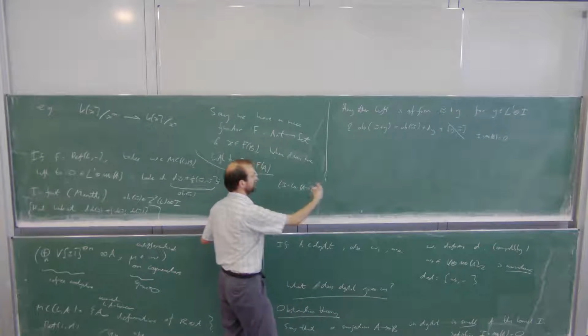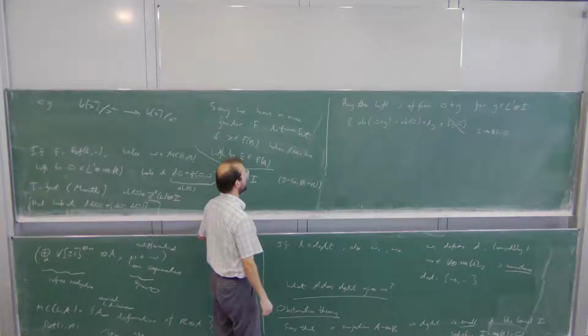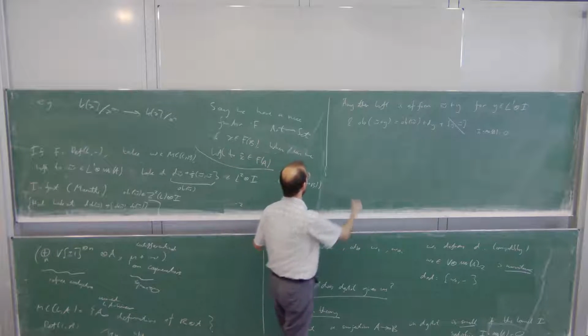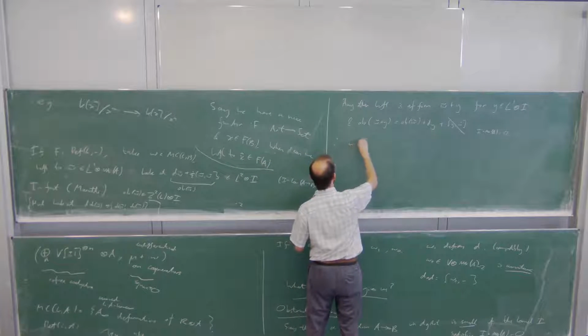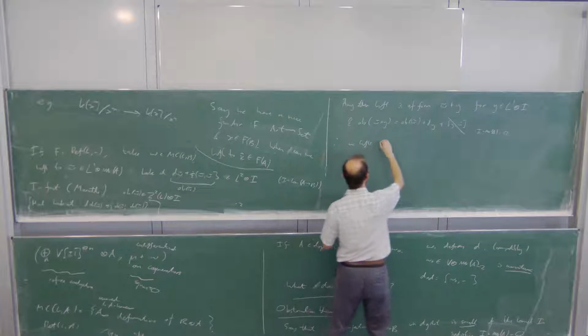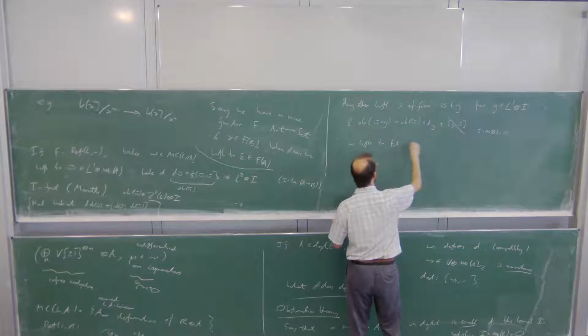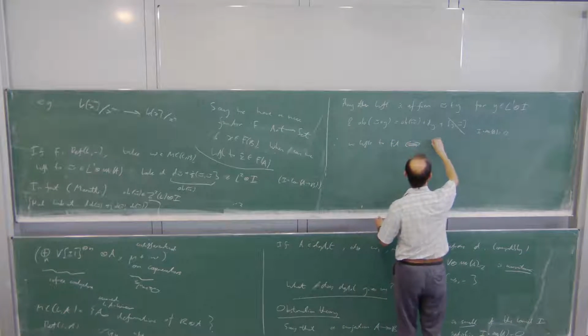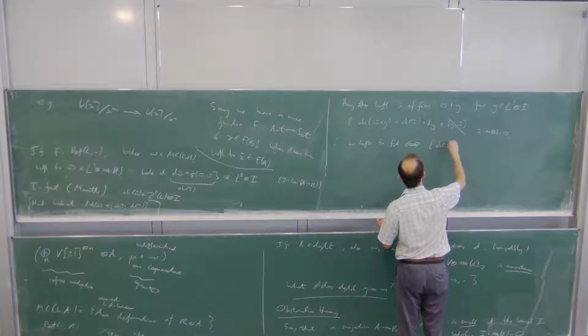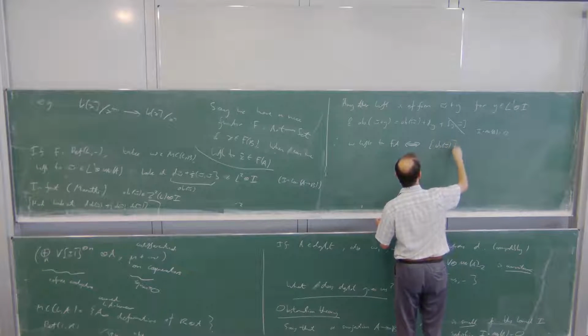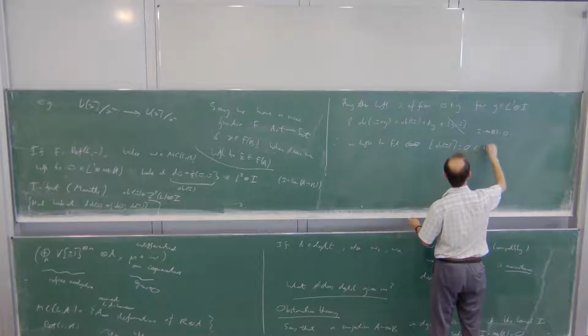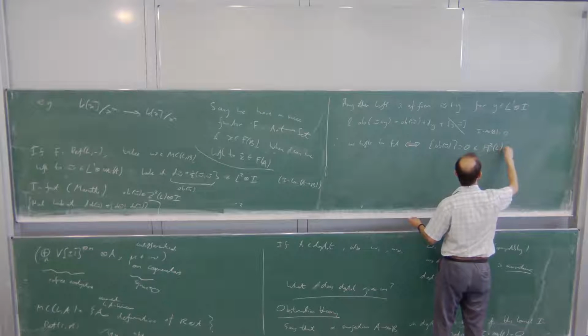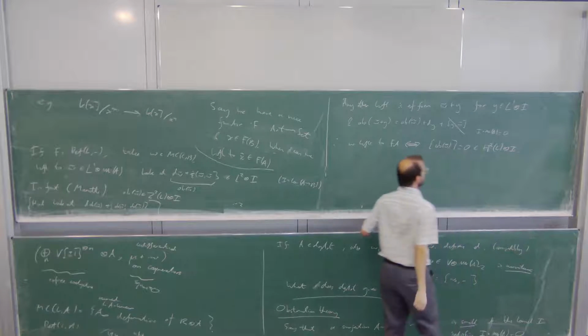So what's happening is that therefore omega lifts to F of A if and only if the class of this obstruction is 0 in H2 of L tensor I.